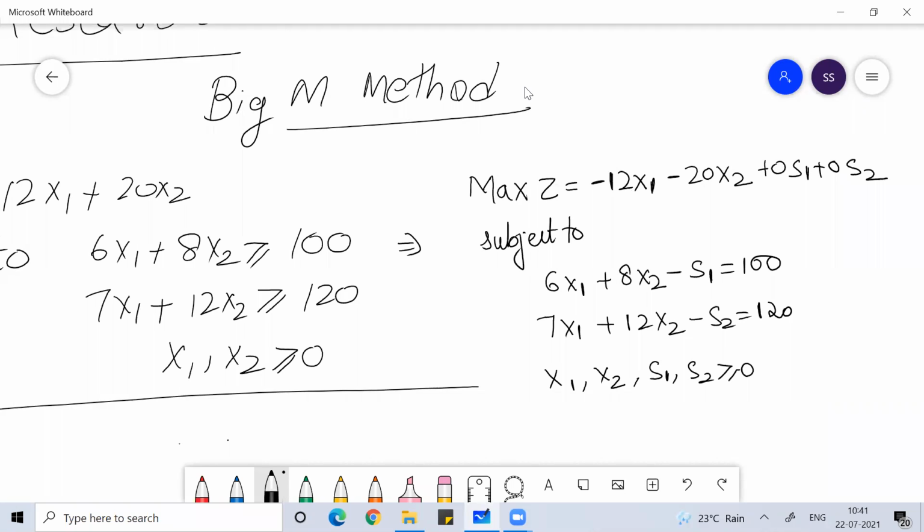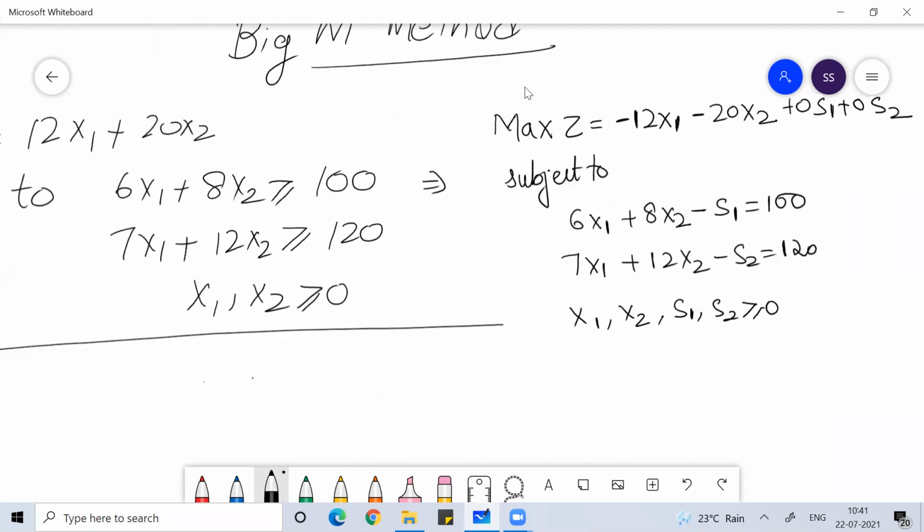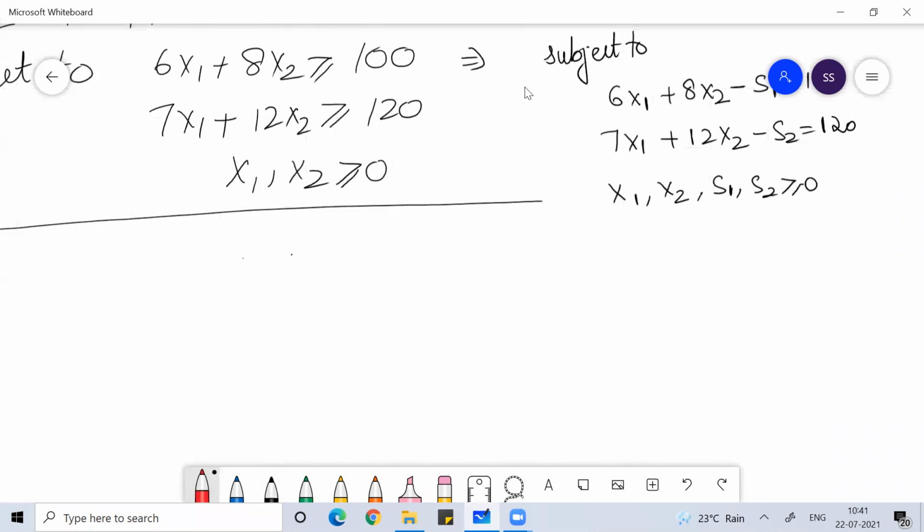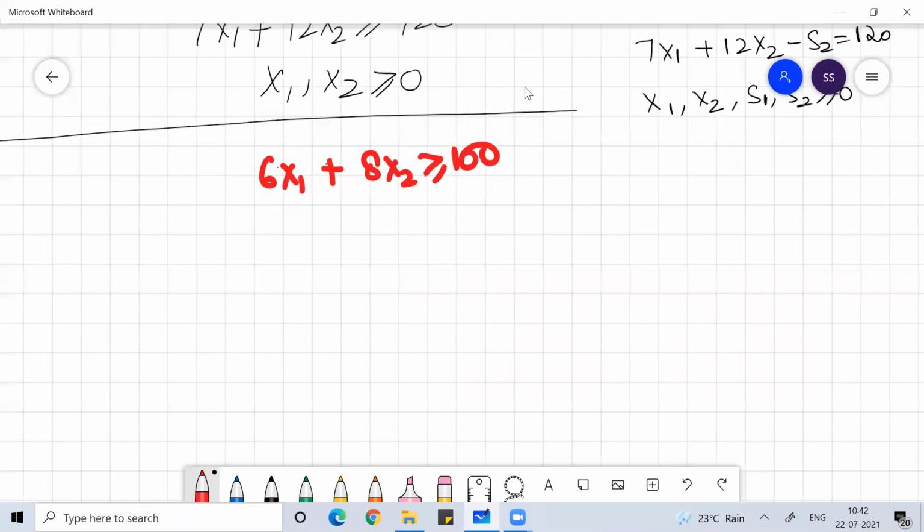I hope you'll agree with me. This is how we used to solve. To make you understand why I introduce a negative slack variable, in case anyone has any doubt: if your constraint is 6x1 + 8x2 greater than or equal to 100, what does this mean?